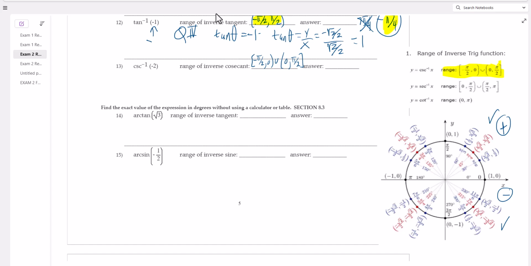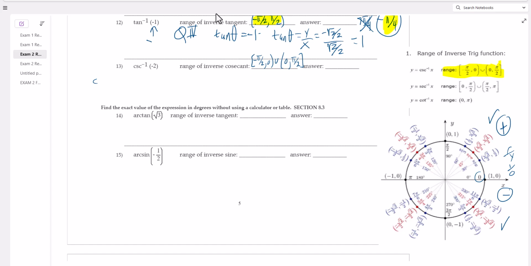Okay, so the reason that there's parentheses on the 0 is because you're undefined on this. Remember, a cosecant is r over y, so in a unit circle r is 1, so at 0 you would be undefined, and so that's why you have to eliminate that 0 from the range.